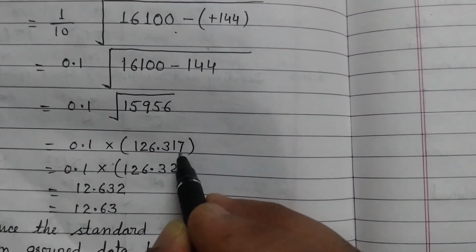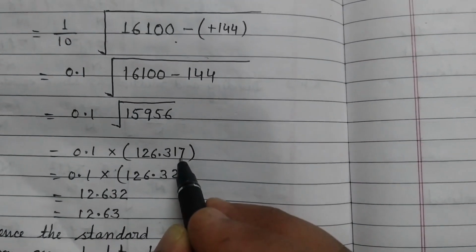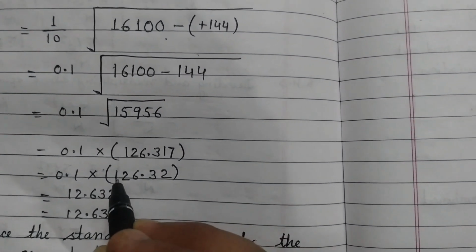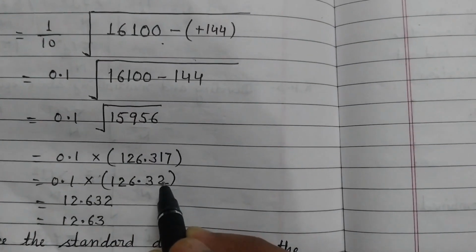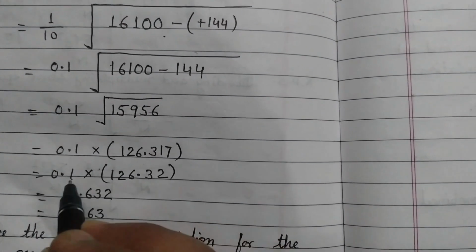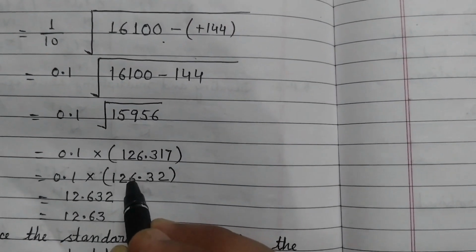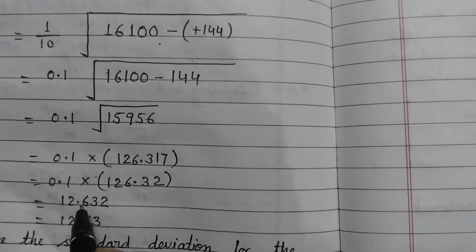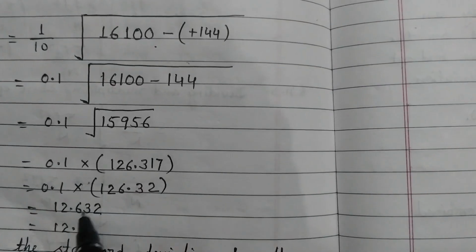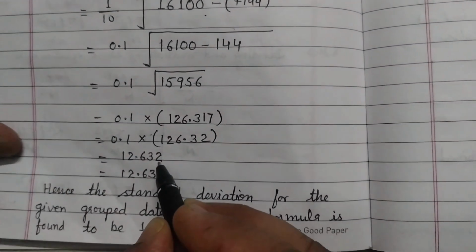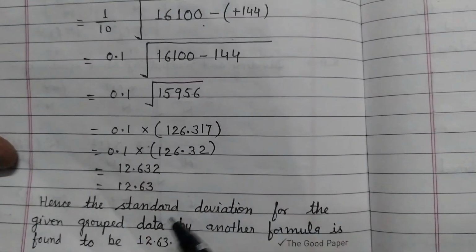Now since this 7 is more than 5, the preceding value is increased by 1, so I can write it as 126.32. 126.32 multiplied by 0.1, one more decimal shift to the left hand side, gives 12.632. So 12.632 is the value. Since this last value is less than 5, the preceding value remains as it is.